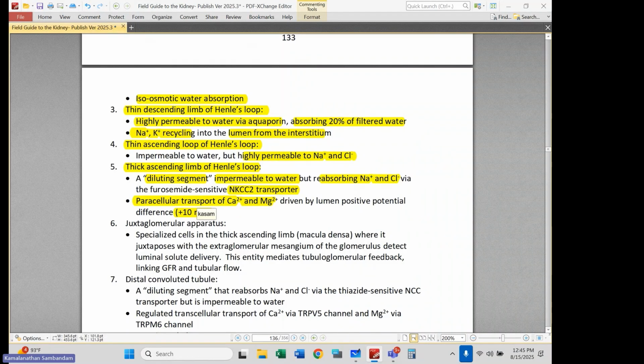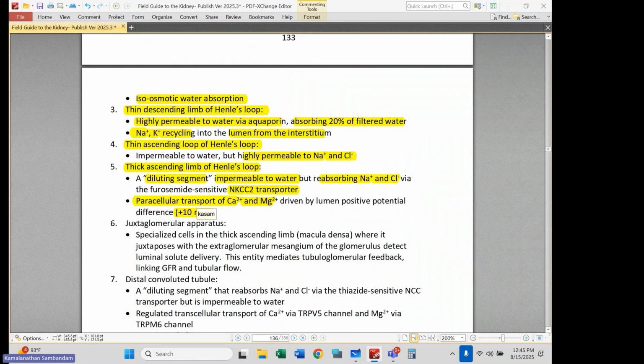That explains how loop diuretics can help you treat a hypercalciuric patient in the oncology ward, right? Sometimes we give loop diuretics to enhance calcium excretion.